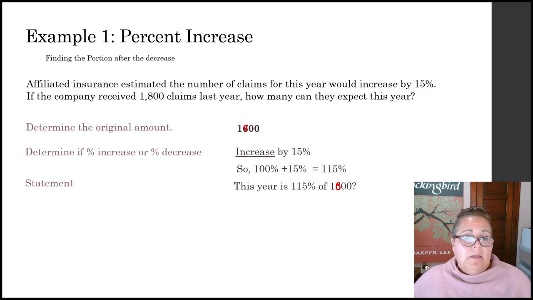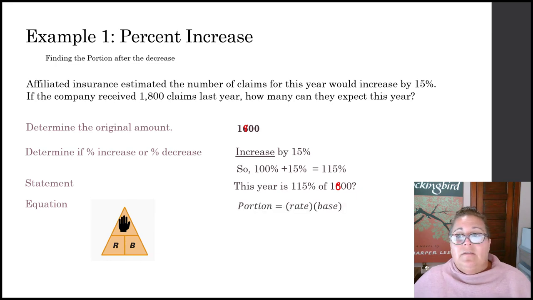Okay, so I am going to use the equation portion is equal to the rate times the base. And I'm going to plug in my numbers. So portion is not known. Rate is the percent as a decimal, or 1.15.